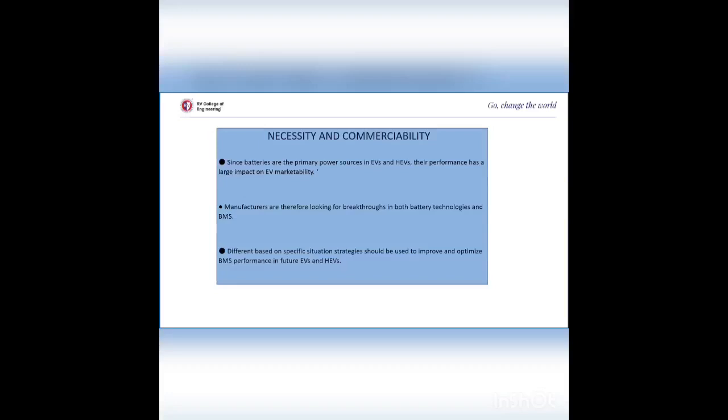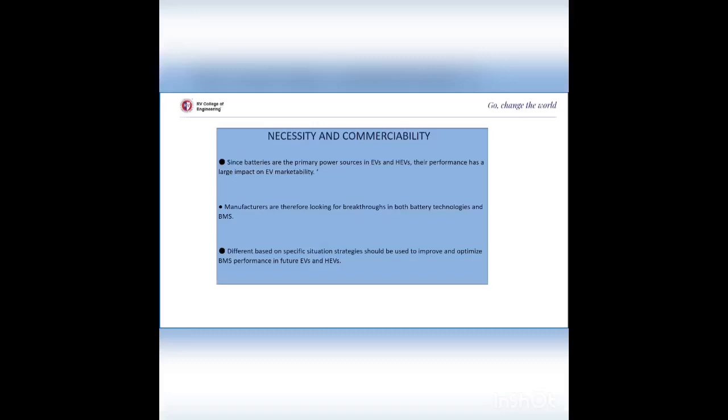Commerciality and necessity. A battery management system is necessary if we really want to optimize the functioning of a car and get the maximum power output for each watt of energy that we supply to the car. That's why, to make electric vehicles and hybrid electric vehicles marketable to the common consumer, performance is one of the features that people look for.